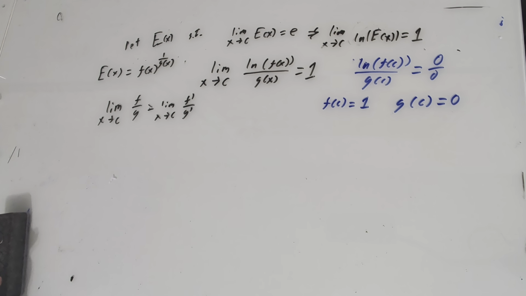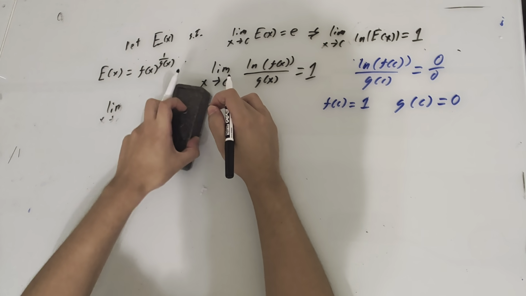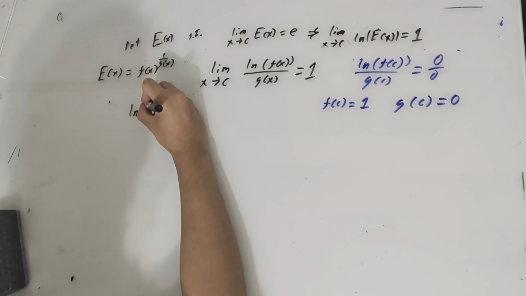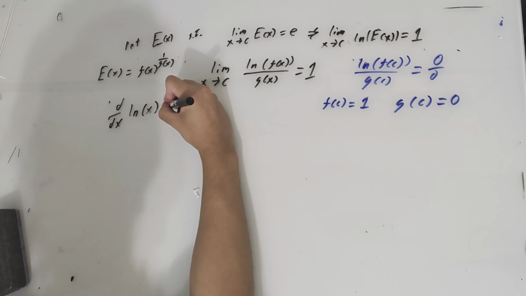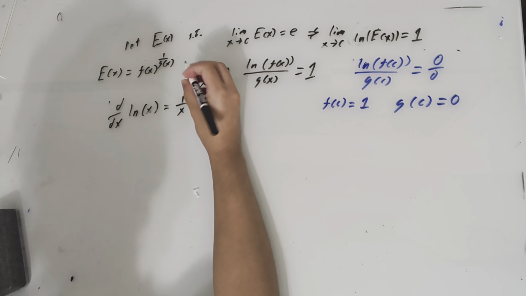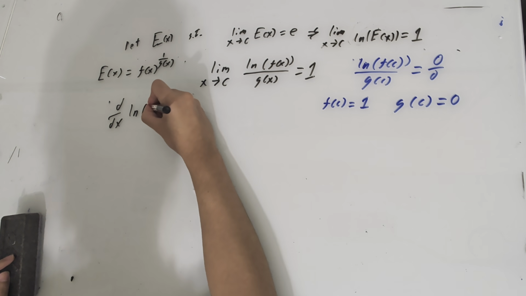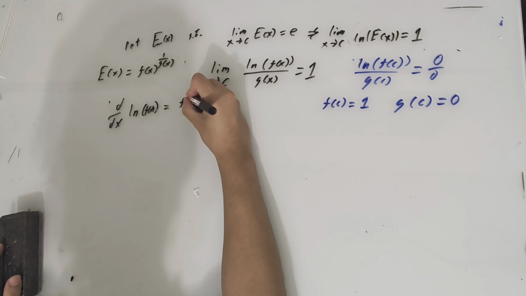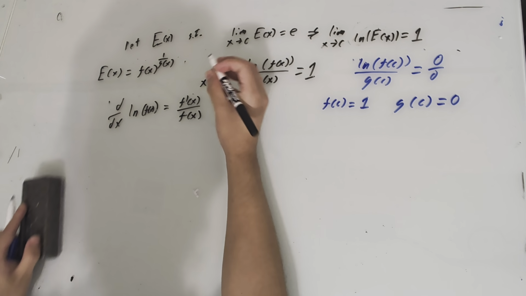I won't get too much into L'Hopital's rule, but that is something important to know. Another important thing to know is that the derivative of the natural log is 1 over x, which, using the chain rule, taking f of x, equals f prime of x over f of x, right?